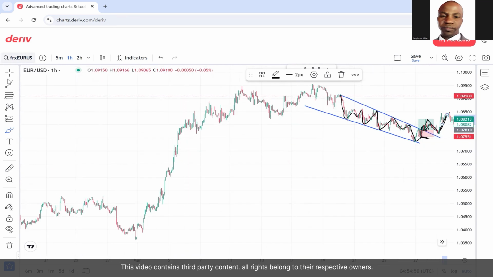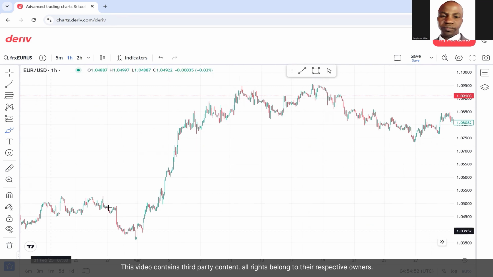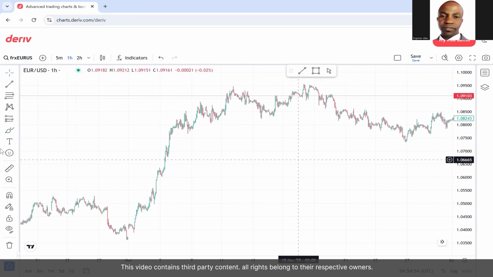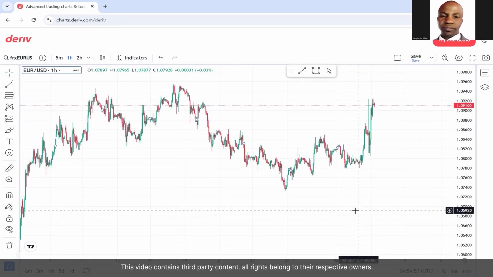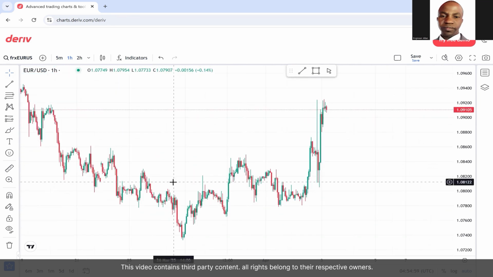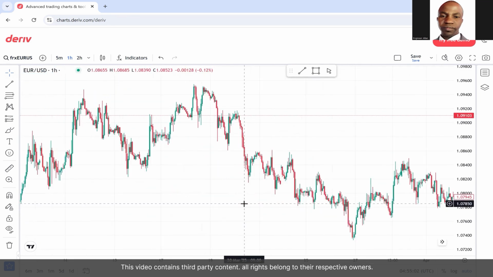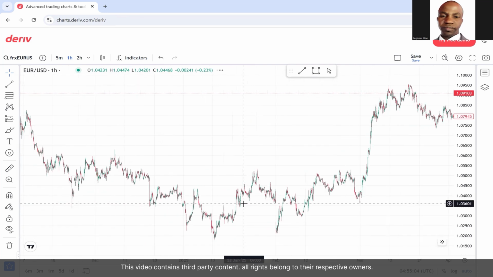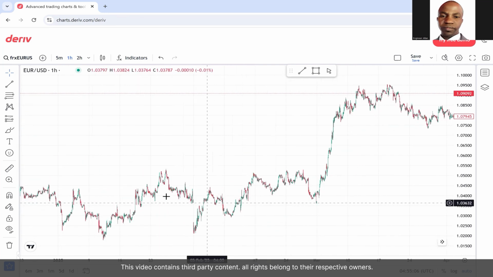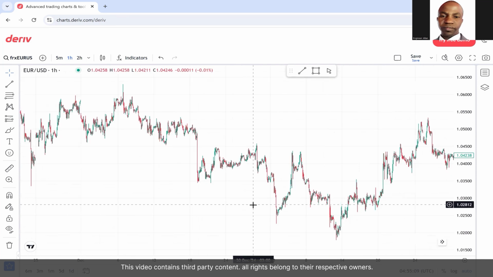So for buys, I think the opposite is true for a sell. If you see a sell opportunity, but for now, you can see that the structures are giving us buy opportunities, which is very, very important.